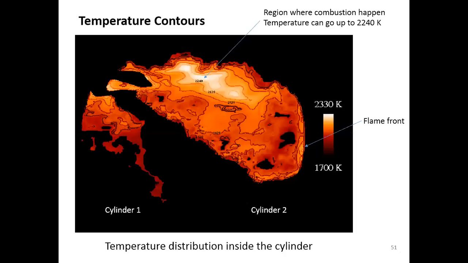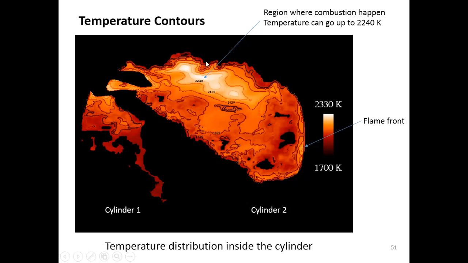Okay. How about the temperature distribution for the CI engine? This picture shows you the temperature distribution inside the cylinder, where you have the highest temperature in the regions where combustion happens.